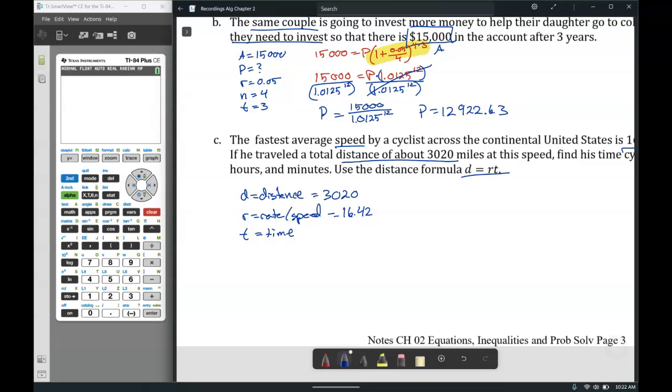Well, they said find his time. So that's the thing that we don't know and what we will be solving for.